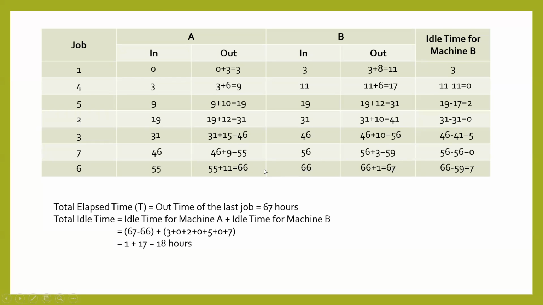So 67 minus 66, which is 1. And you can add this up, all these values. So 3 plus 0 plus 2 plus 5 plus 0 plus 7. Okay, that is 17. And the total idle time will be 18 hours. And please remember, this is the optimum solution.